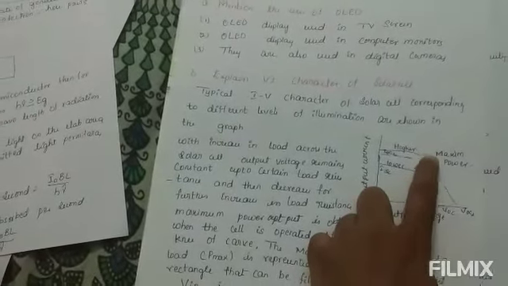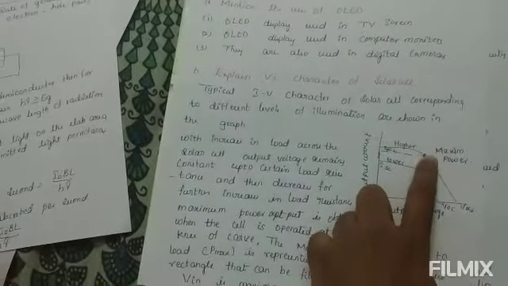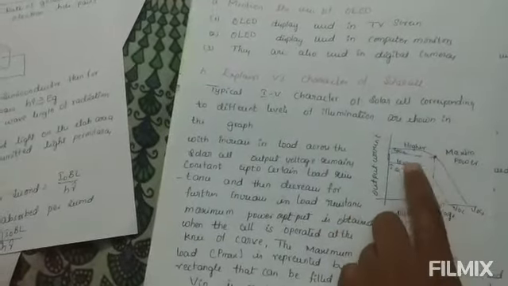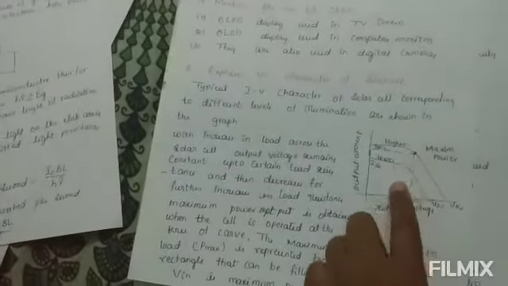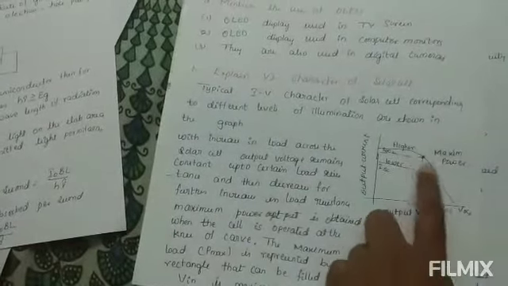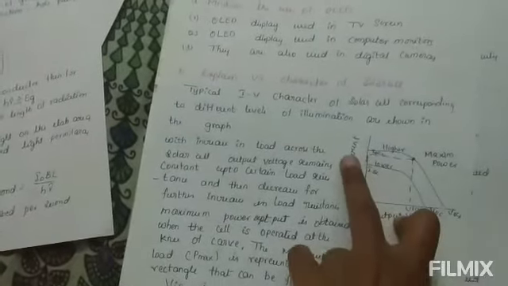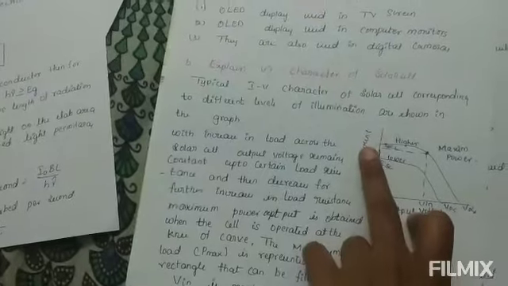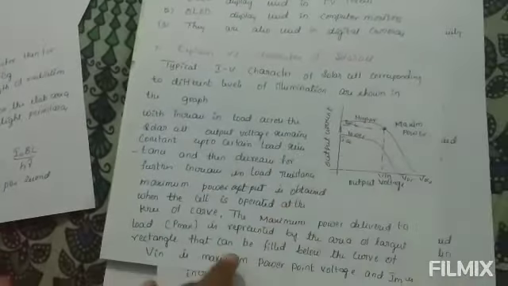After this point the current will be constant. We call this point the maximum power. This curve is for the lower current, and this one is for the higher current. So this will be the VI characteristics of a solar cell. If you increase the voltage, the current will also go on increasing. After some time it will become a constant value.